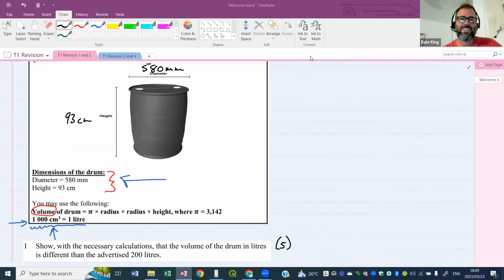All right, so by now you should have an answer for the volume. Don't forget that you will need to change your volume, which should be in centimeters cubed, into liters by using the conversion underlined in blue at the bottom of the statement.